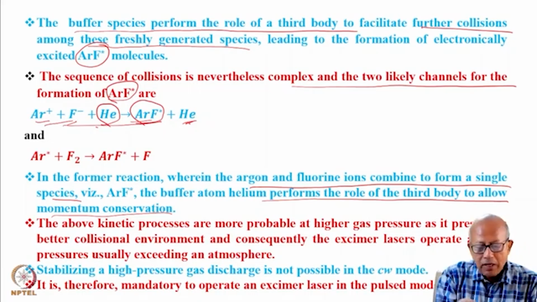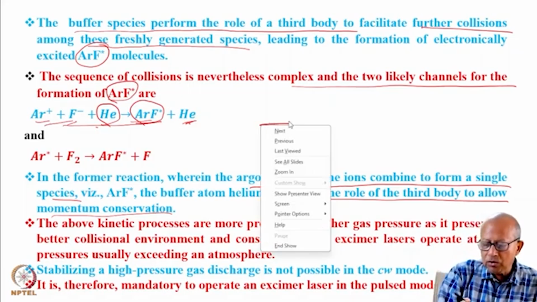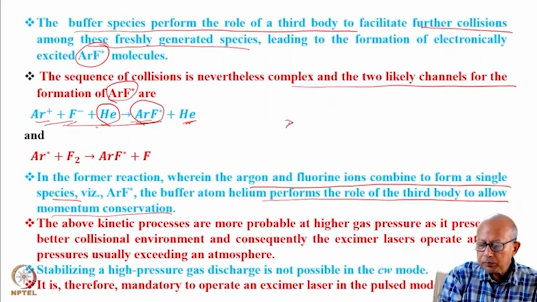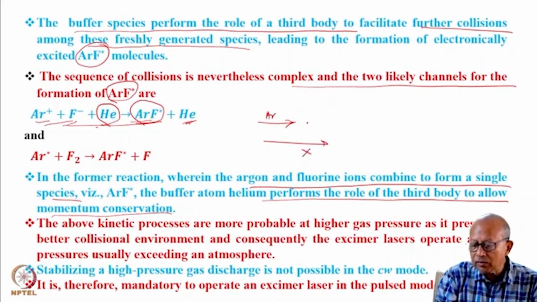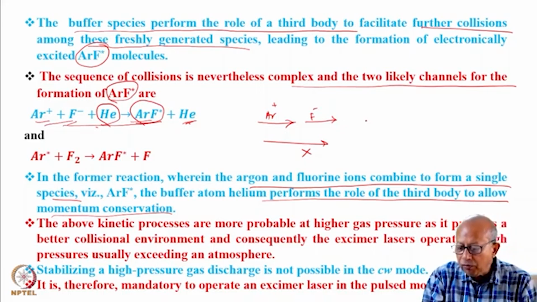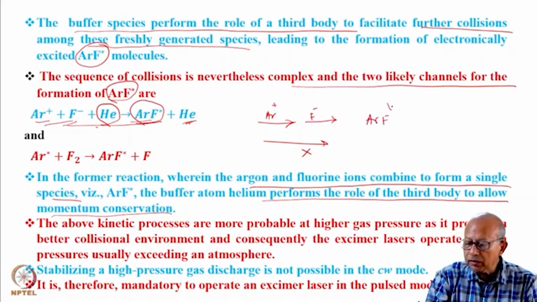For example, let us consider a case in which argon travels in the X direction, and fluorine also travels in the X direction, and they combine and form argon fluoride in the excited state.